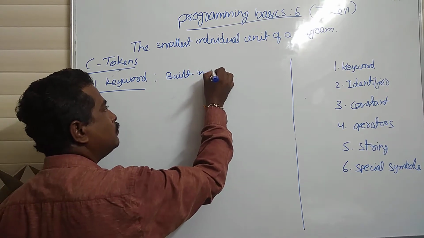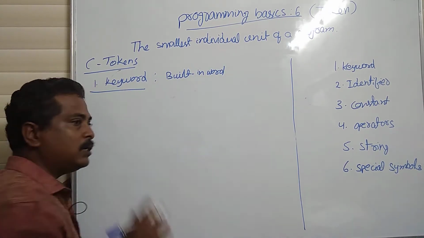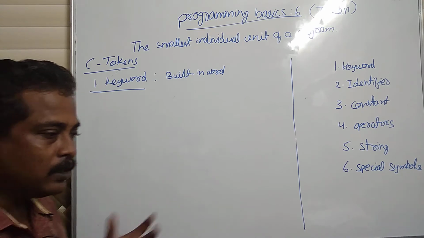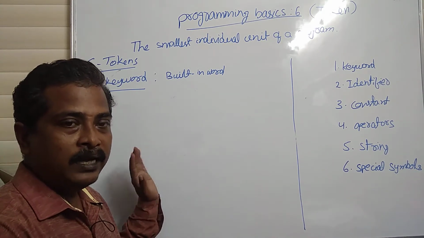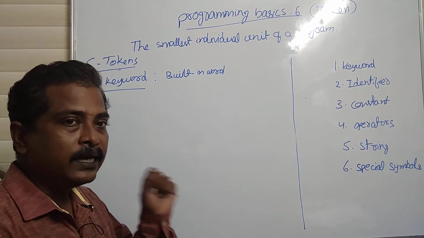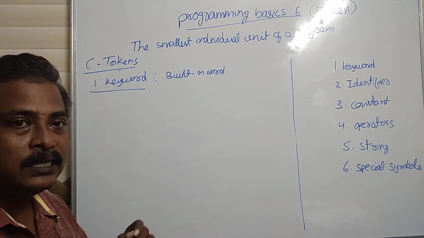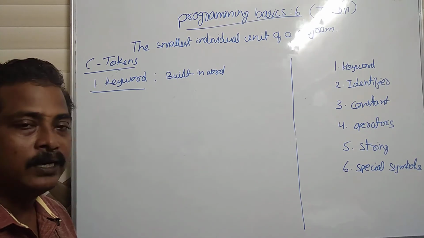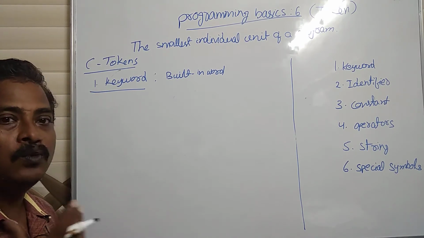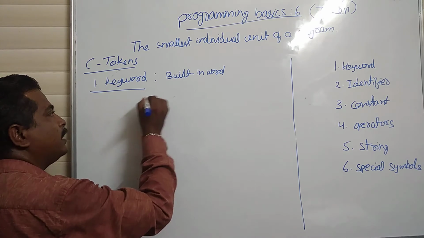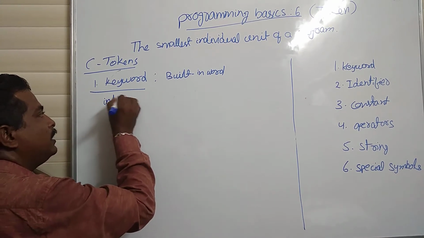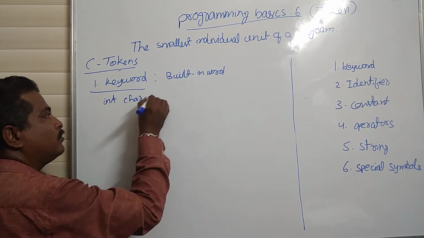What is a built-in word? That means this word is previously defined and you can't use it. In the previous program, I took int x, y, z. That int is a keyword. Why is it a keyword? Int is previously defined. You can't use this word again. For data types: int, char, float, double.